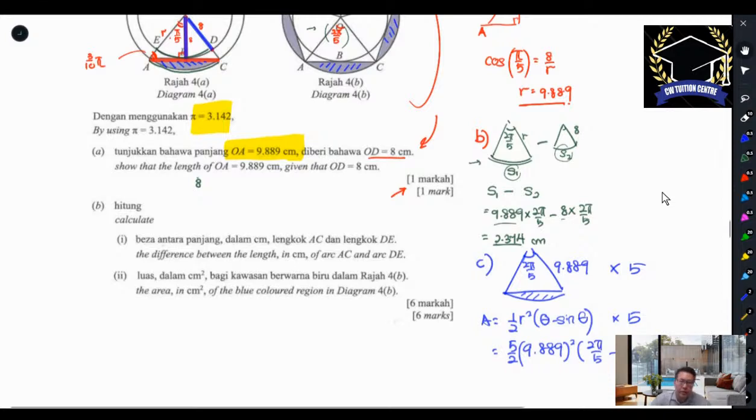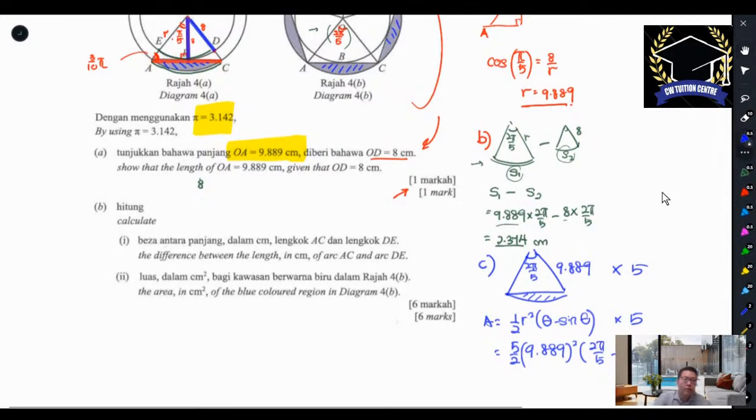So I got 74.736 cm squared. 3 decimal places or 4 significant figures, you can write 74.74. Okay, so that is the working.